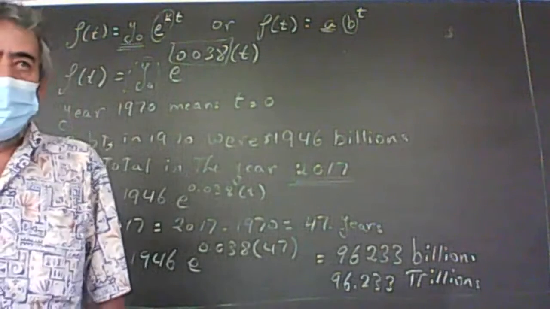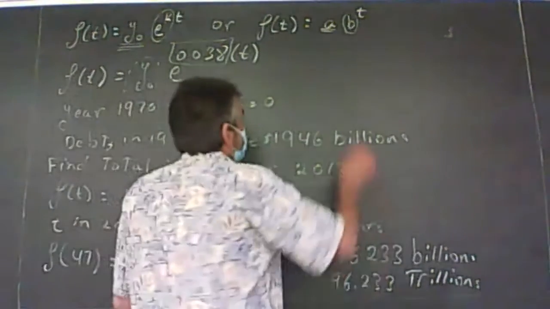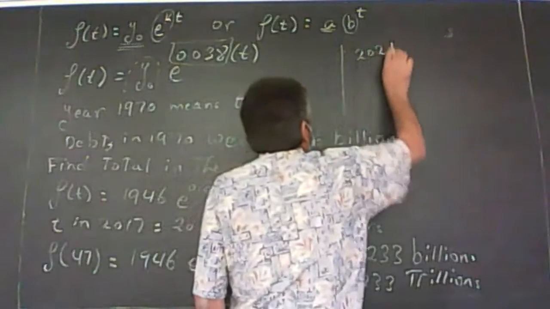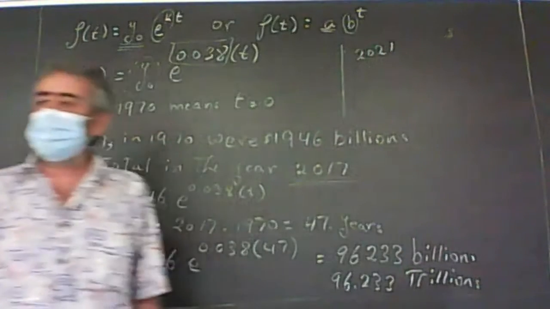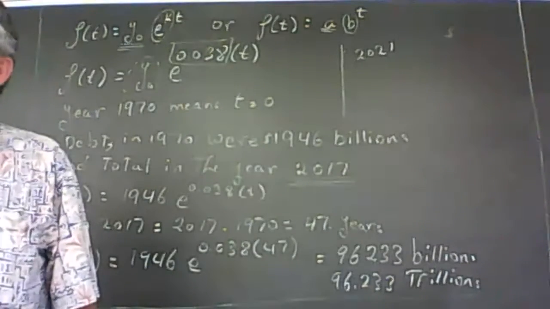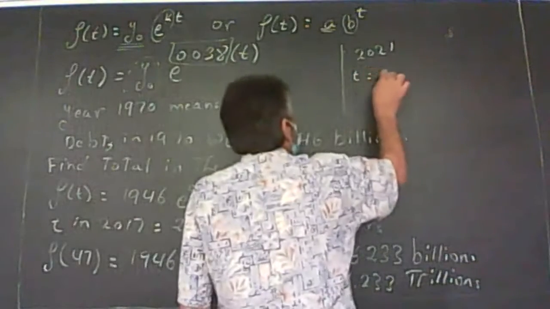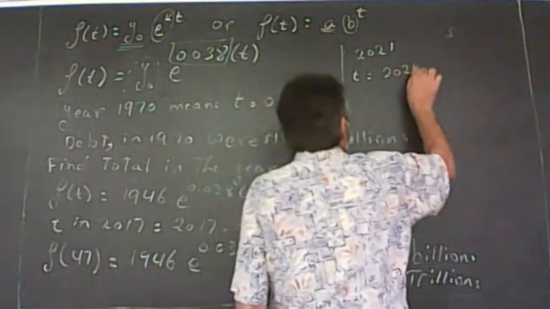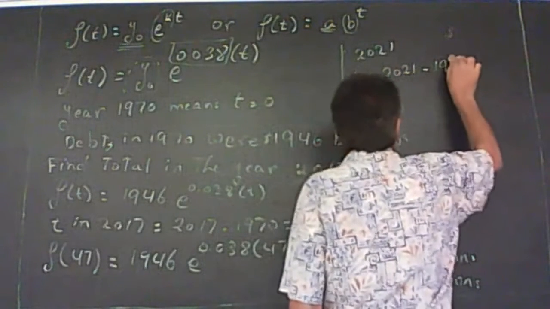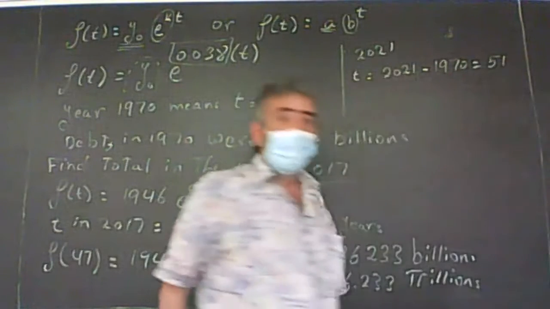So how do I find the amount in 2021? How would I find that? First, we need to figure out what T is. And then T would be 2021 minus 1970. That should give me 51.